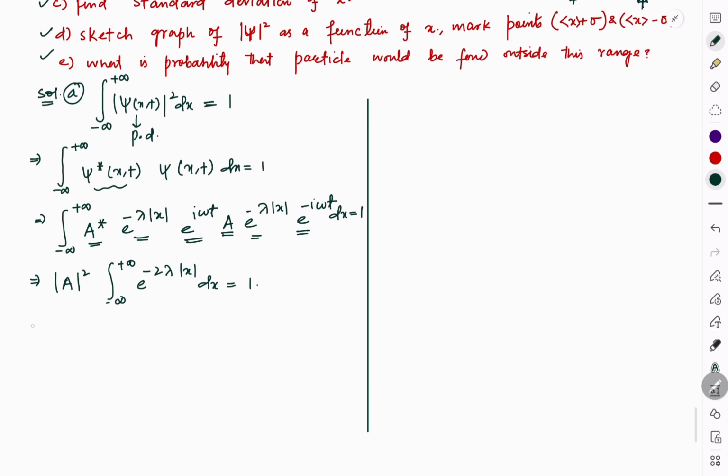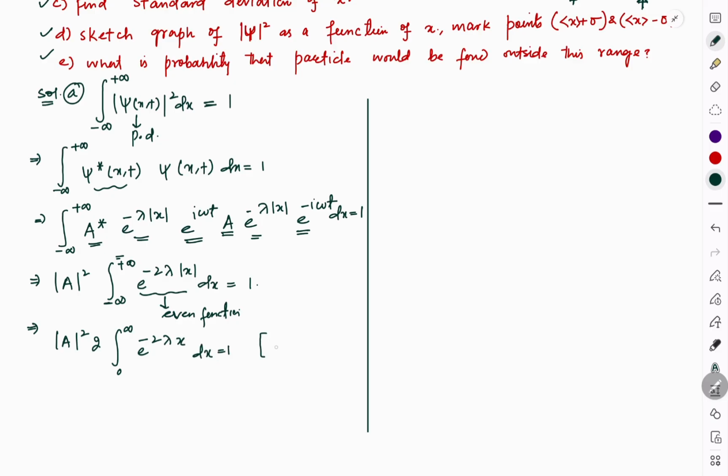Now there's an important property of the even function. Since this is an even function, we can replace the integral from minus infinity to plus infinity with two times the integral from 0 to infinity of e^(−2λx) dx equals 1.